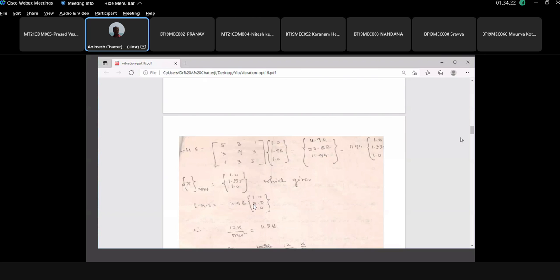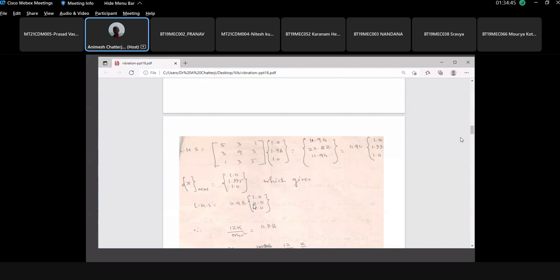Nobody asked me why you are not trying to, I mean, what will happen? I mean, can we have a matrix iteration method based on mass inverse? You just try. Suppose I ask you, can you suggest a matrix iteration method where instead of K inverse, we take mass inverse? You just see, you try it. Dekho.